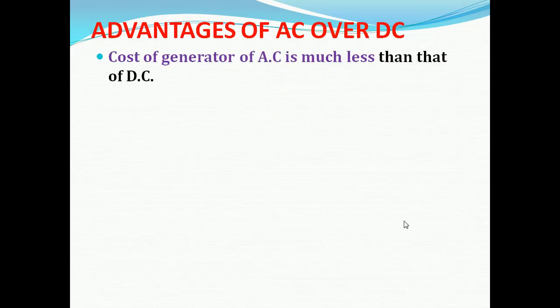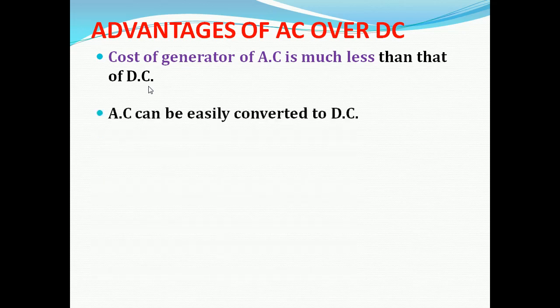Now we can see advantages of AC over DC. The cost of a generator of AC is much less than that of DC.